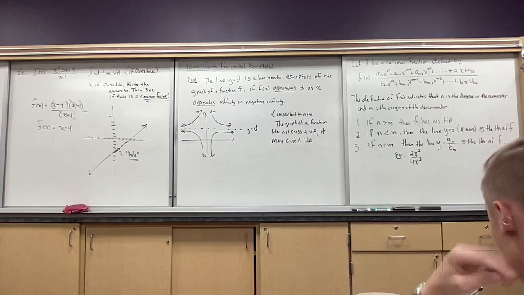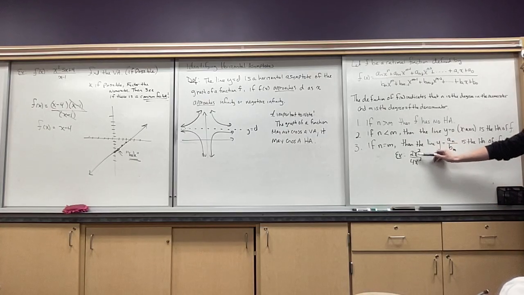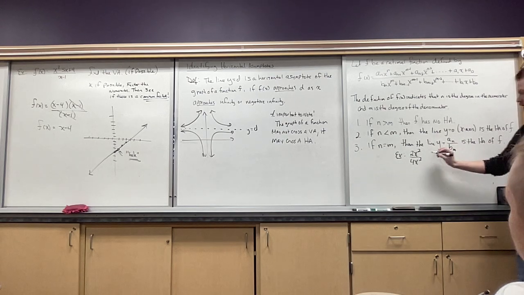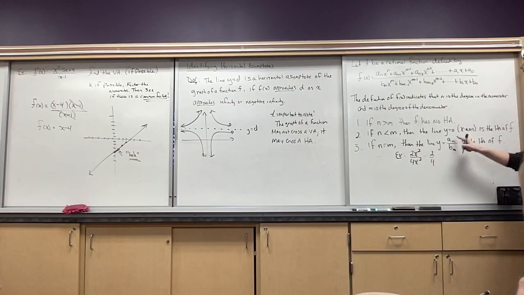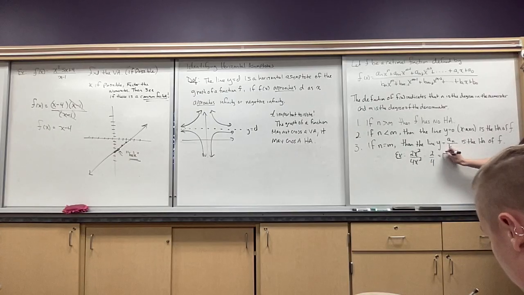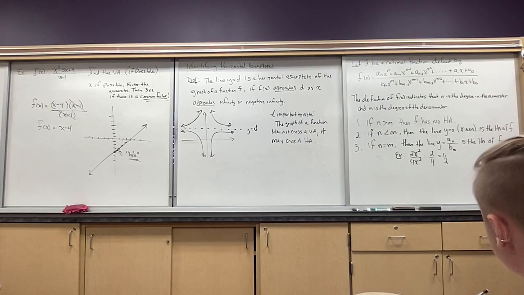Notice that these degrees are the same. So therefore, whatever the x is, it's going to cancel out, right? These two will just be gone. So the only numbers we have to be concerned with are the coefficients out in front. So this will just be a half. So the HA for this is going to be a horizontal line going through a half on the y-axis. Okay?